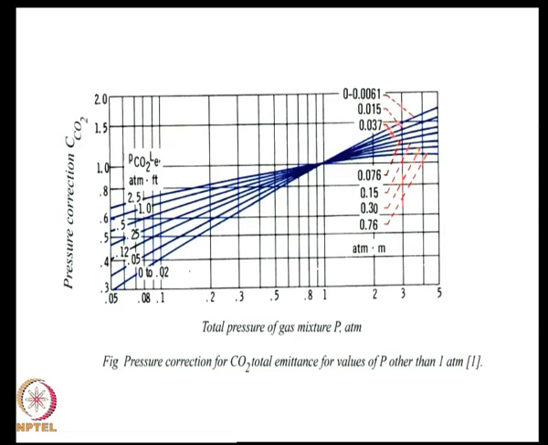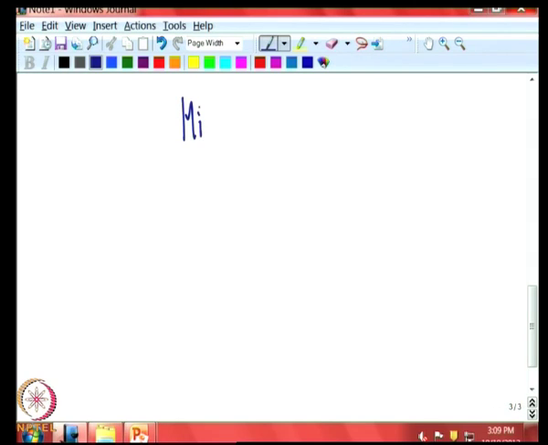But now we ask ourselves, what if you have a mixture of gases, which is quite common in furnaces or in atmospheric applications. Let us say we have a mixture of gases containing both carbon dioxide and water vapor.